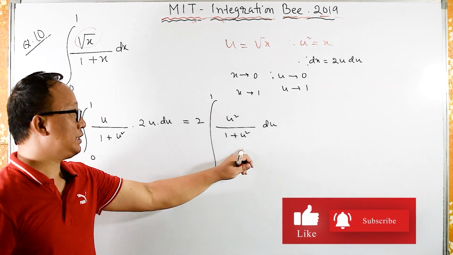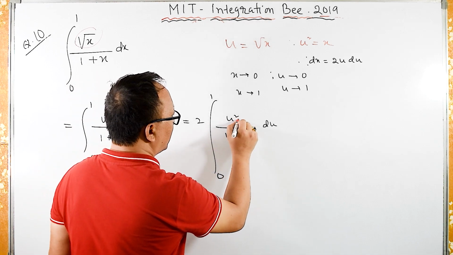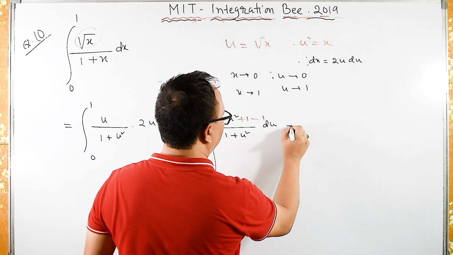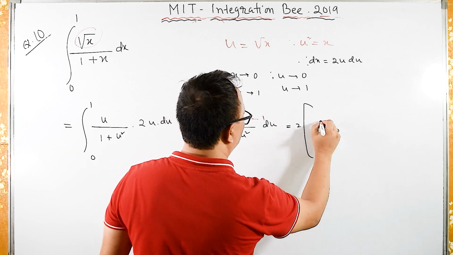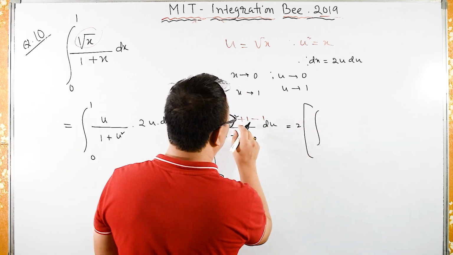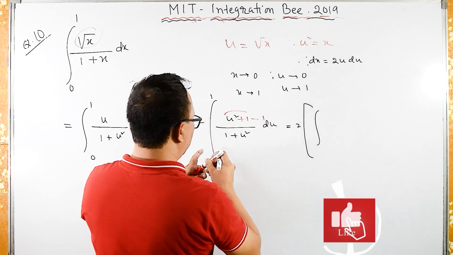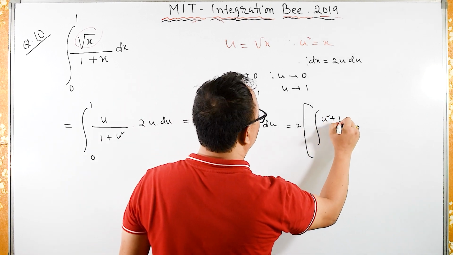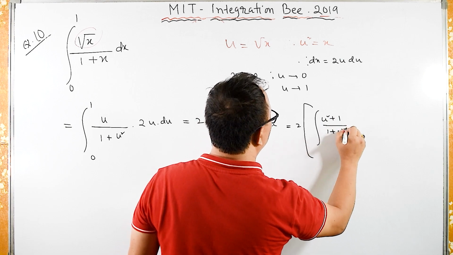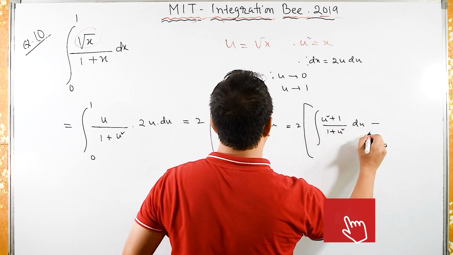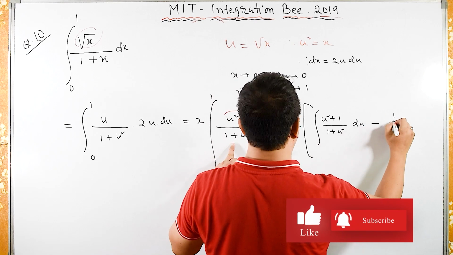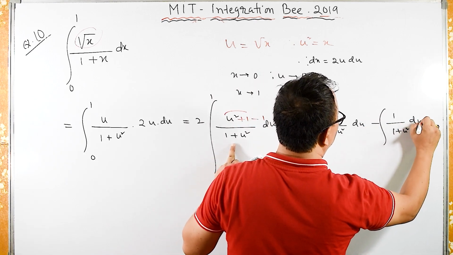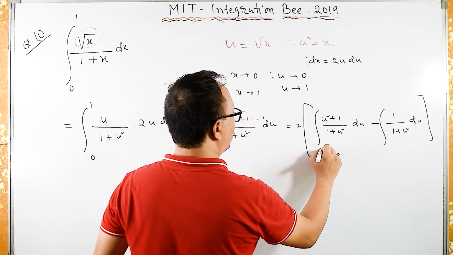Here we have 1 plus u square, so I can adjust plus 1 as well as minus 1. So this is the same as twice the integral of, u square plus 1 upon 1 plus u square into du, minus the integral of 1 upon 1 plus u square into du, and limits from 0 to 1.